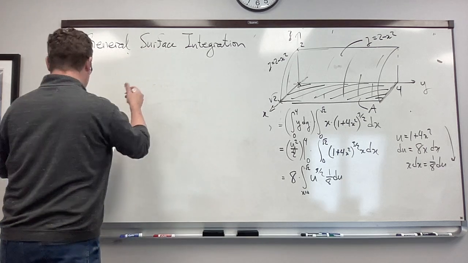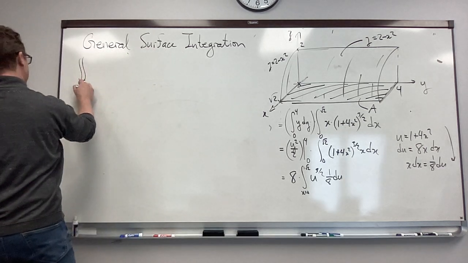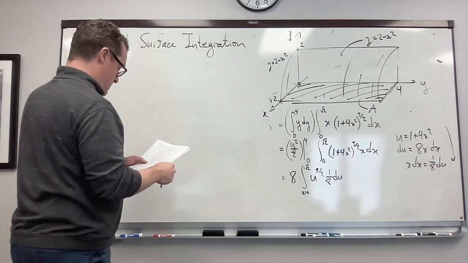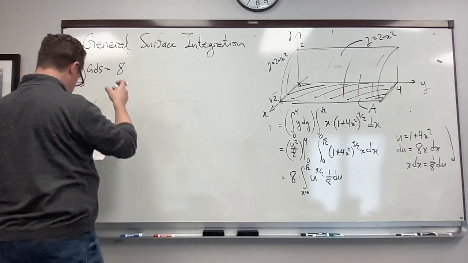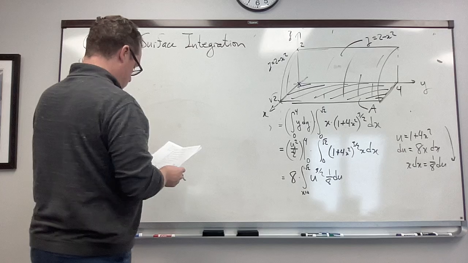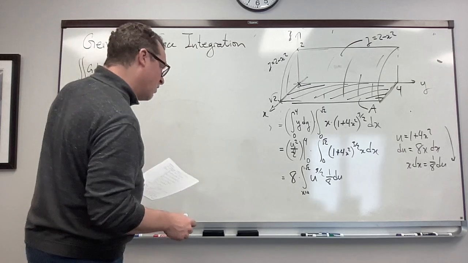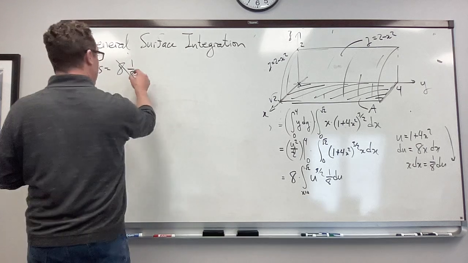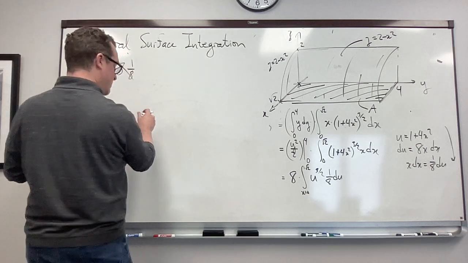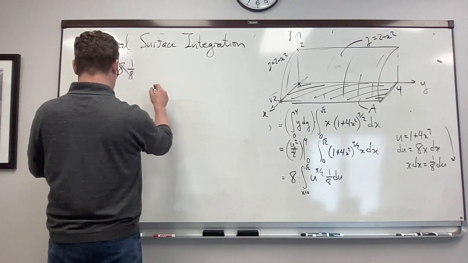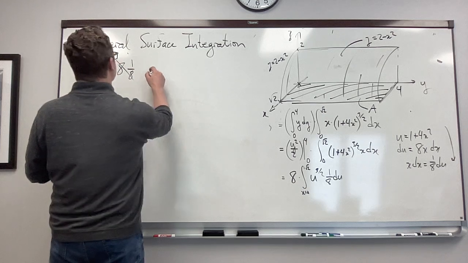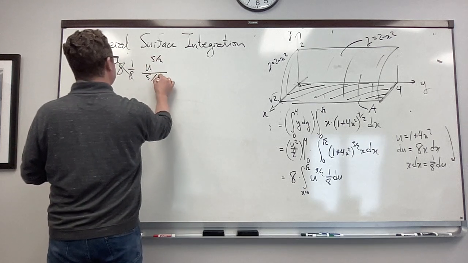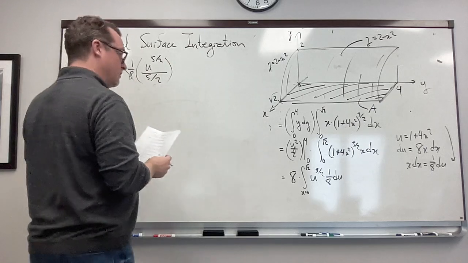So our integral, you don't have to keep writing this, but we do. Okay, so I've got 8, and we got 1 over 8, gonna kill that. Okay, so those die. And then I've got u to the 3 over 2, so that becomes u to the 5 over 2 divided by 5 over 2, right? Yeah.